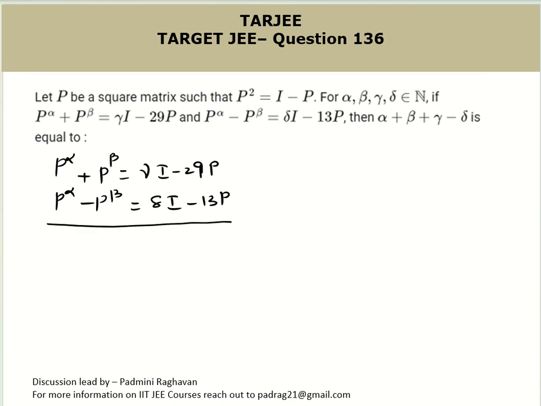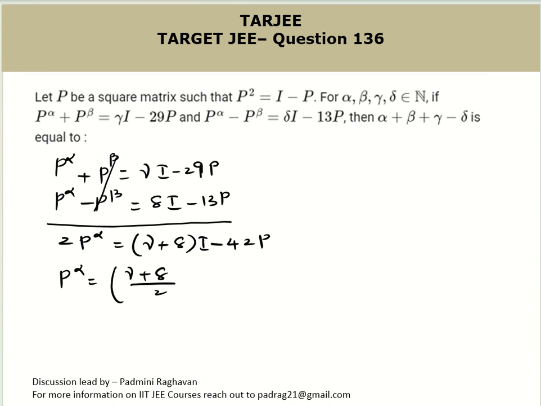Let's add the two equations. P power beta will get cancelled. So I get 2 times P power alpha is equal to gamma plus delta times I, minus 29P minus 13P, which gives minus 42P. Divide by 2, we get P power alpha is equal to (gamma plus delta) divided by 2 times I minus 21P. Keep this as relation 1.